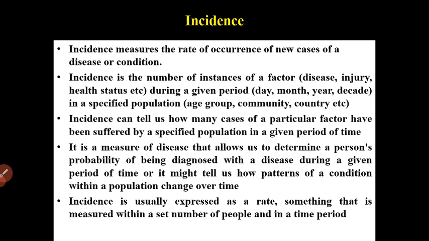Fine. Now, what are its uses? It is useful for taking actions such as to control disease. Second, for research into etiology and pathogenesis, distribution of diseases, and efficacy of preventive and therapeutic measures.